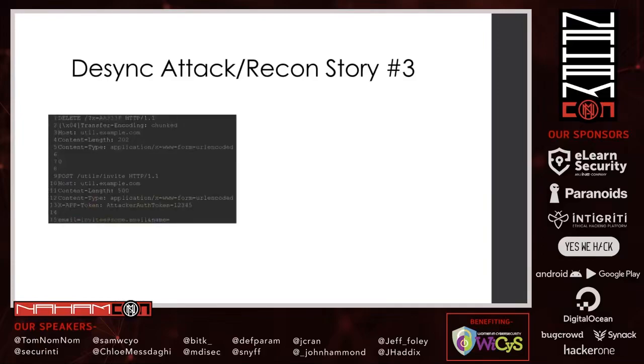And we do that using this type of desync attack, where in this case our desync smuggling payload is a delete request to the util.example.com server with a malformed chunked transfer encoding header that will confuse the front and back end servers.